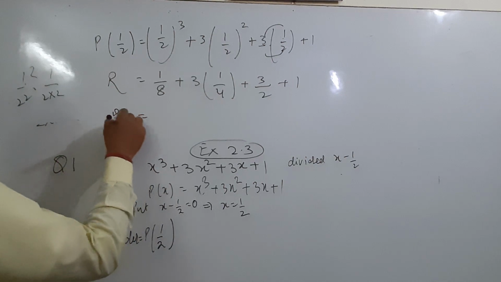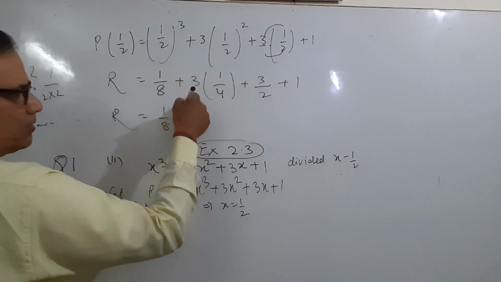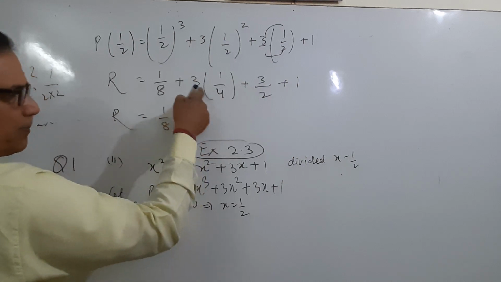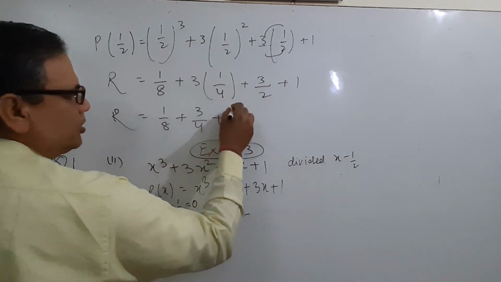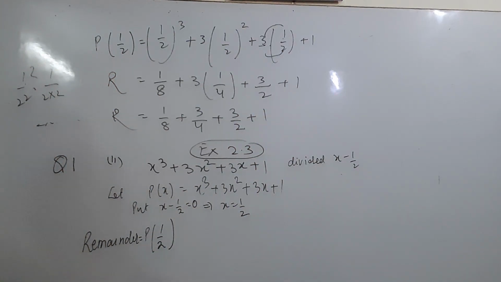So the remainder is equal to 1/8 plus 3/4 plus 3/2 plus 1, and now taking LCM.